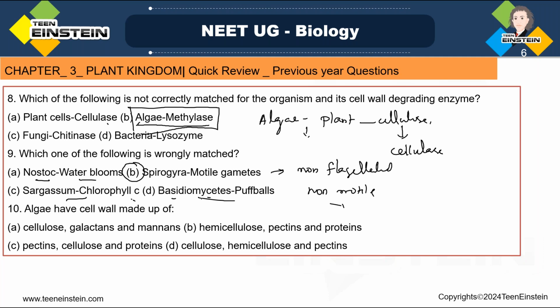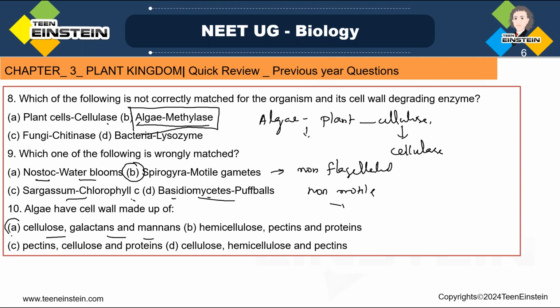Next, 10th question: algae have a cell wall which is made up of option A, cellulose, galactans and mannans; option B, hemicellulose, pectin and proteins; option C, pectins, cellulose and protein; option D, cellulose, hemicellulose and pectin. Algae have a definite cell wall containing cellulose, galactans, and mannans.